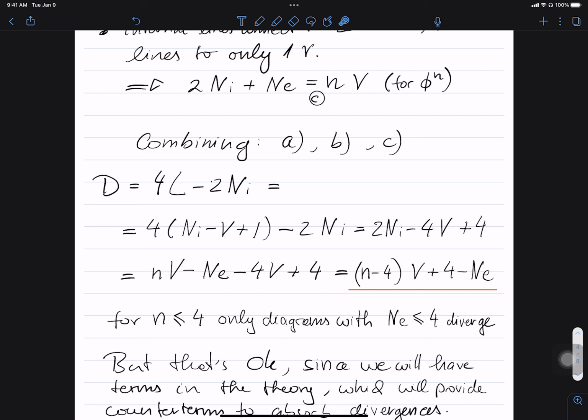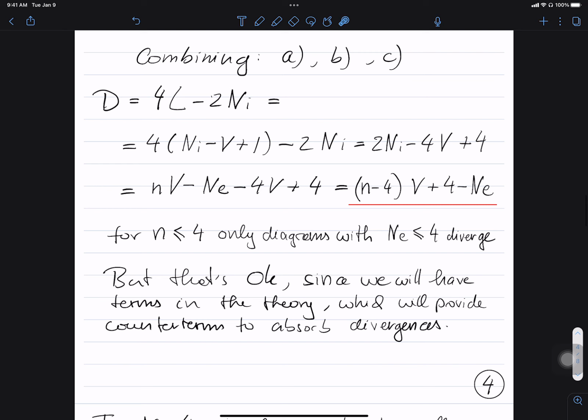And now we also can replace the number of internal lines by statement C, that is equal to n times the number of vertices minus the number of external lines, divided by 2. And this expression then can be simplified as n minus 4 times the number of vertices plus 4 minus the number of external lines.